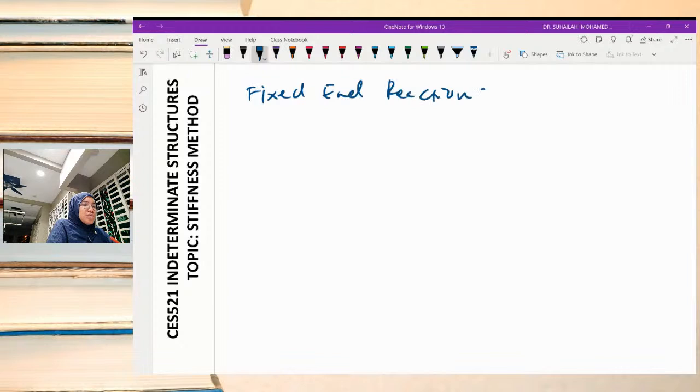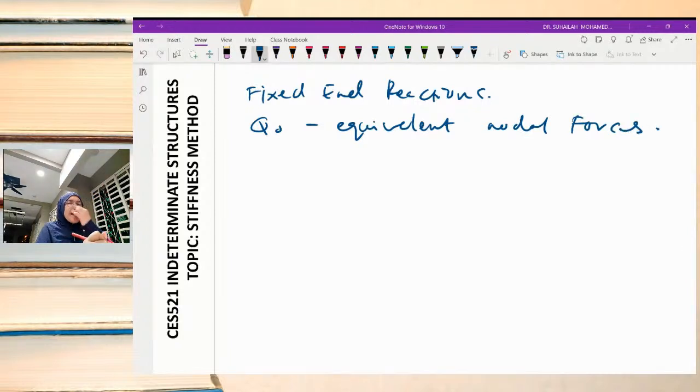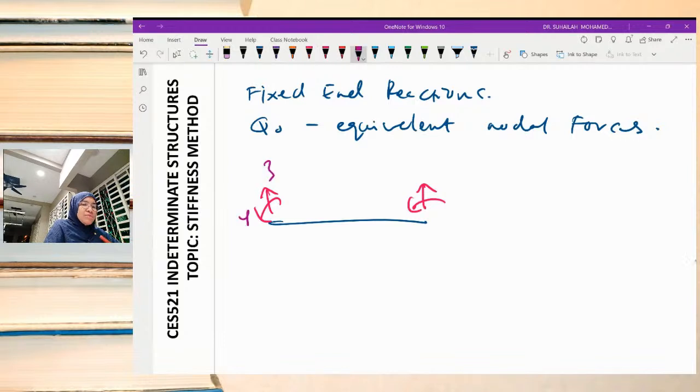It is for Q naught, or equivalent nodal forces. So what we have to do is analyze each element separately. When we analyze element number one, it has degrees of freedom 3, 4, 5, 1.